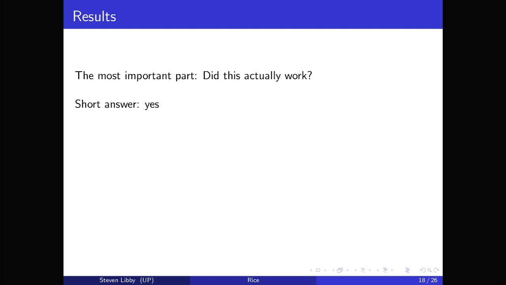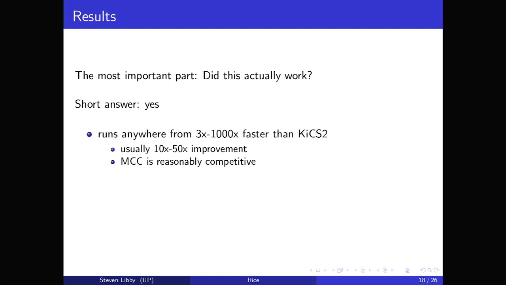OK, so finally, did this work? The short answer is, yeah, it worked pretty well. When I was comparing to KiCS2, which is kind of the current state of the art, I was usually 10 to 50 times faster than the fastest settings I could get on KiCS2. Most of the time, MCC, which is an older Curry compiler, was actually reasonably comparable to me, which surprised me a bit.